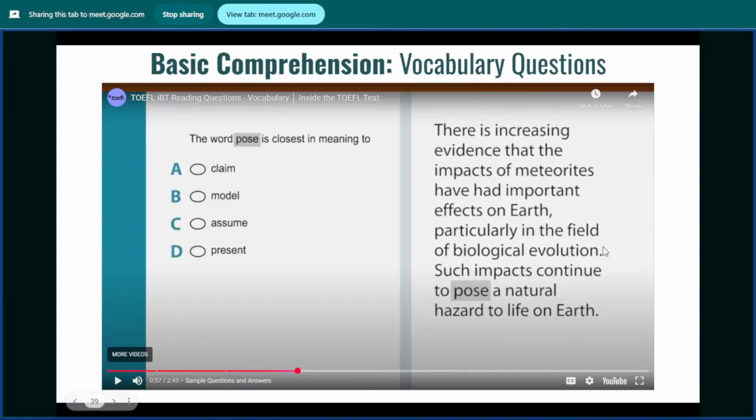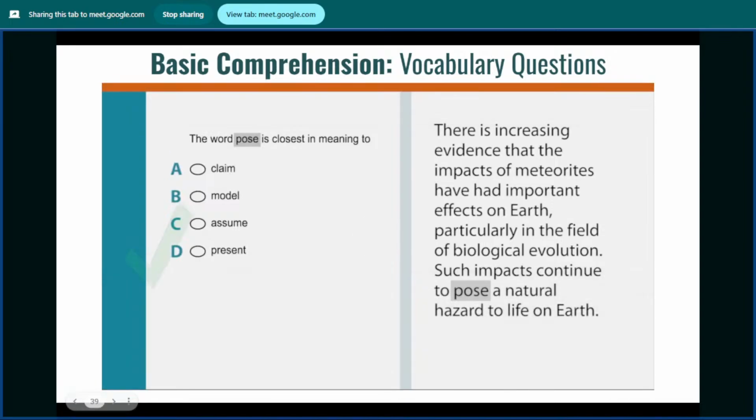A. A, are you sure? Yes. Okay, let's see. This asks the meaning of the word "pose."